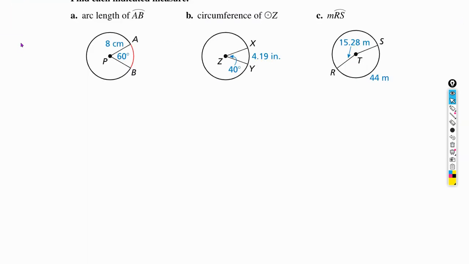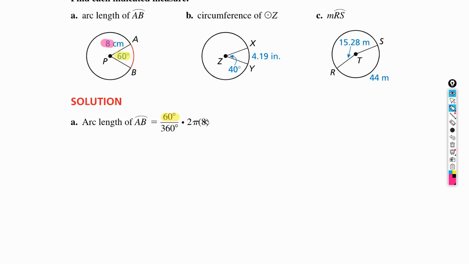All right, now we're going to look at arc length formulas. So here we have the arc length of AB right here. So I've got my radius is 8, my angle is 60 degrees, so I know that the arc degree is also 60 degrees. So I'm going to be using this formula right here. So here's my arc degree angle, 60 degrees.